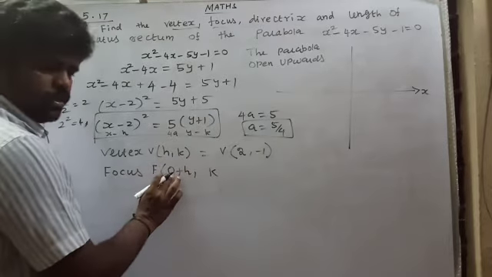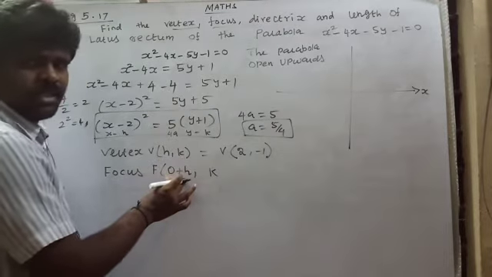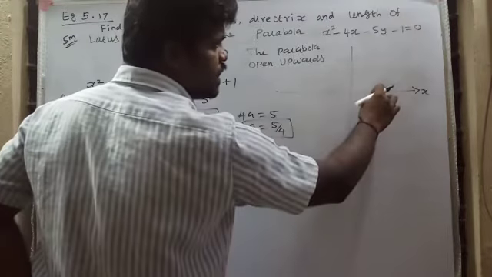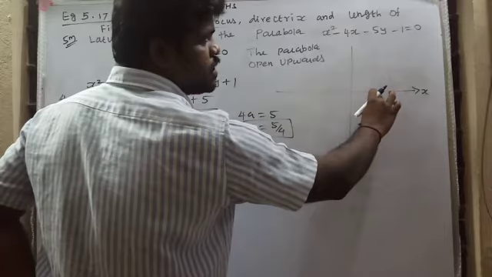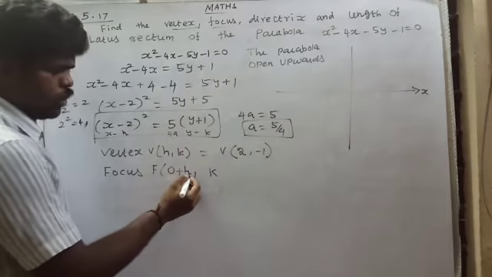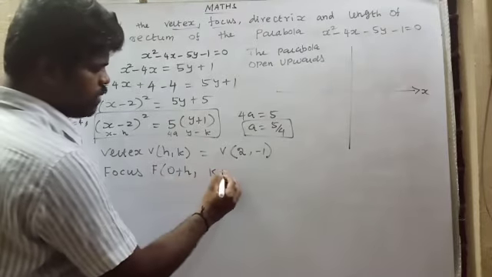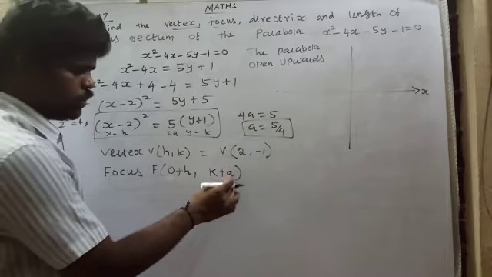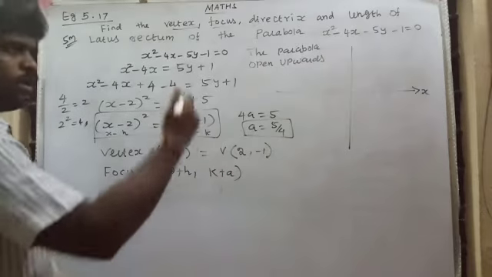The value is 0 because x is the standard distance. If this diagram is from this side, x is the same distance here.